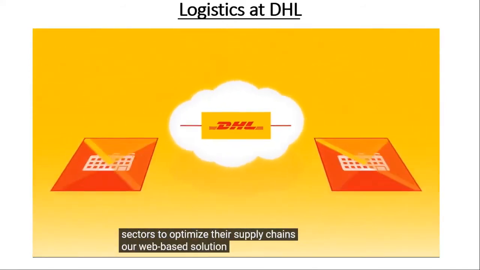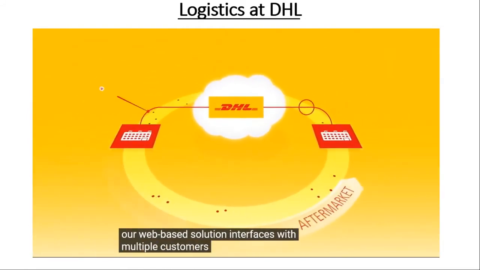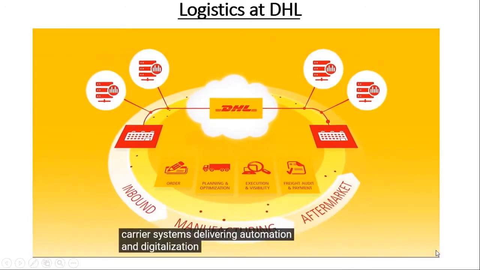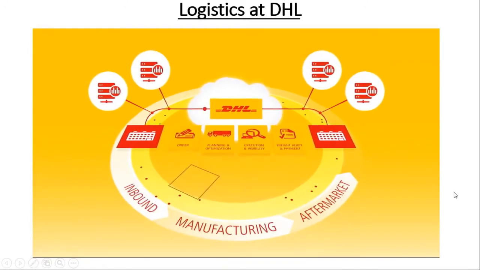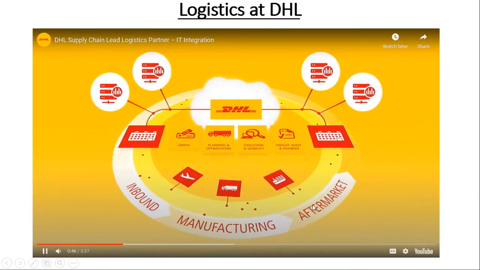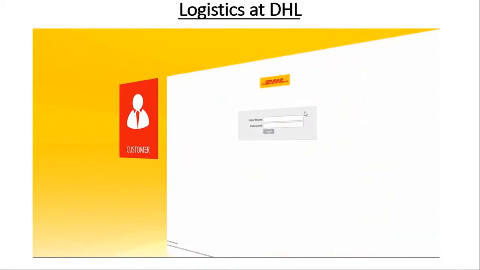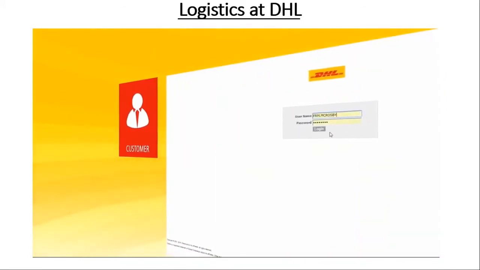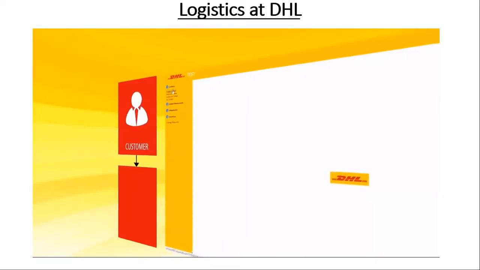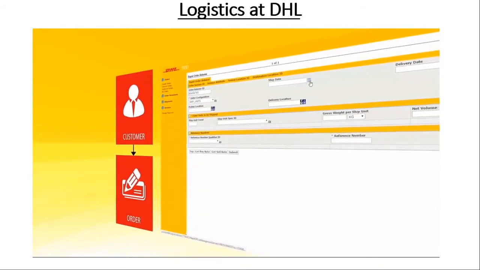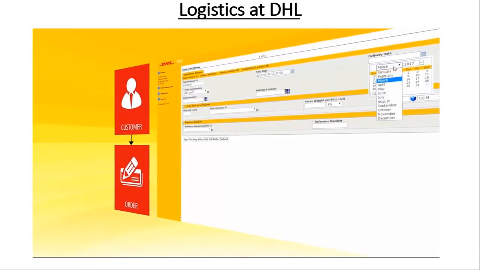Our web-based solution interfaces with multiple customers and independent carrier systems, delivering automation and digitalization across the supply chain. It supports all modes of transport and logistics operating models. Here's how it works. Our systems have the ability to integrate with any customer solution electronically in order to receive your transport orders. We also have a customer web portal, providing flexibility when needed.